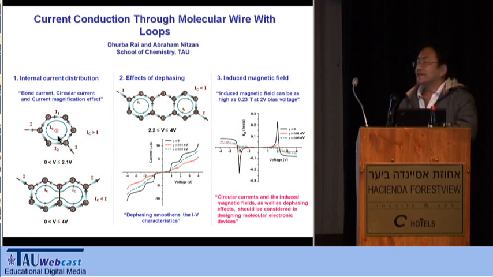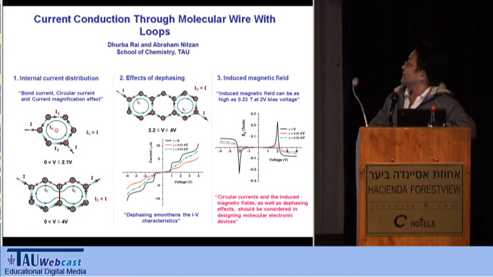Interesting thing here is that as you cross the voltage 2.1 volt, the current changes direction. In the range 0 to 2.1 volt, current is flowing in anti-clockwise direction. Once you cross 2.1 volt, the current will start flowing in clockwise direction.